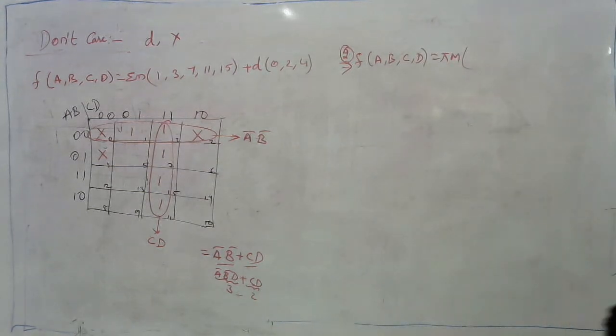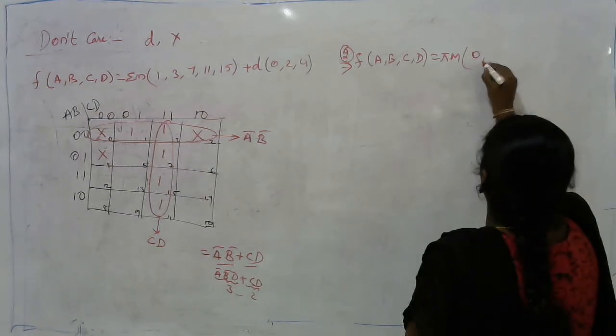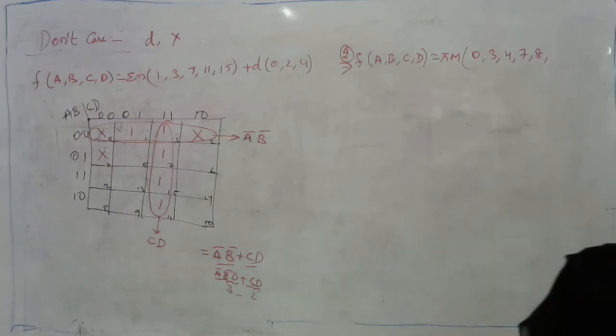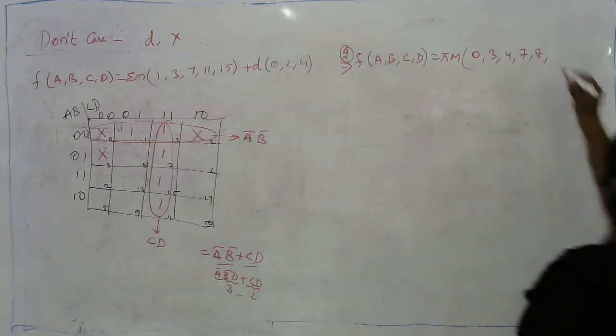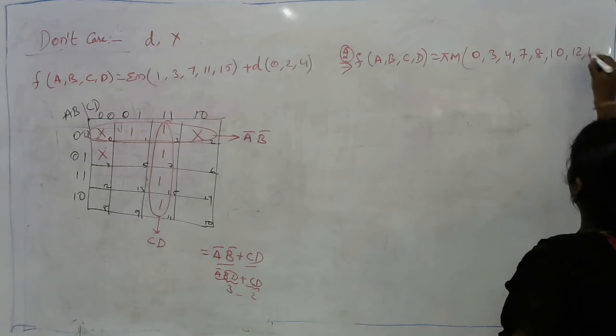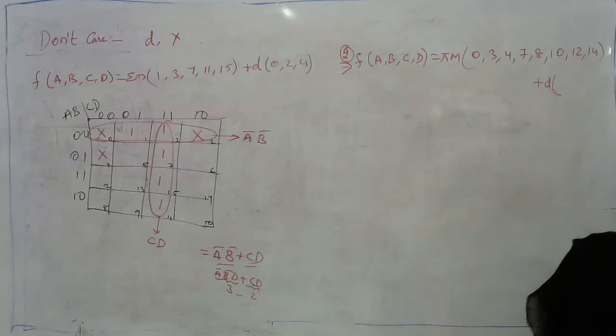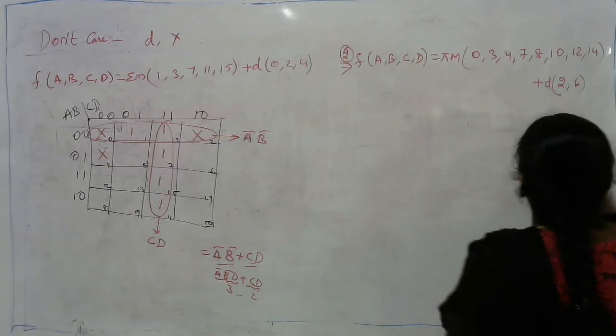As I am saying it is a POS expression, it is a pi m, and the numbers are 0, 3, 4, 7, 8, 10, 12, 14, plus don't cares of 2, 6.